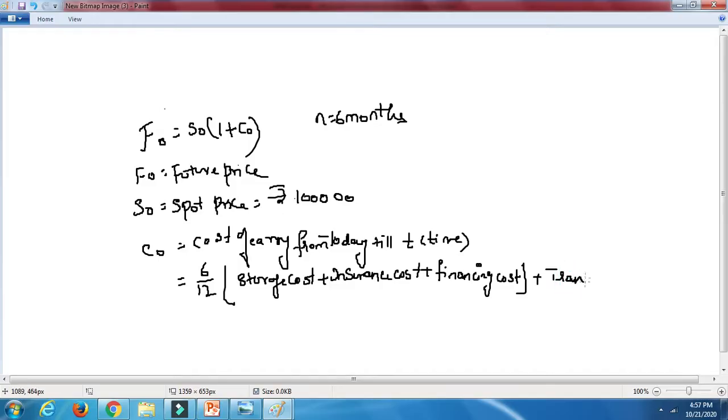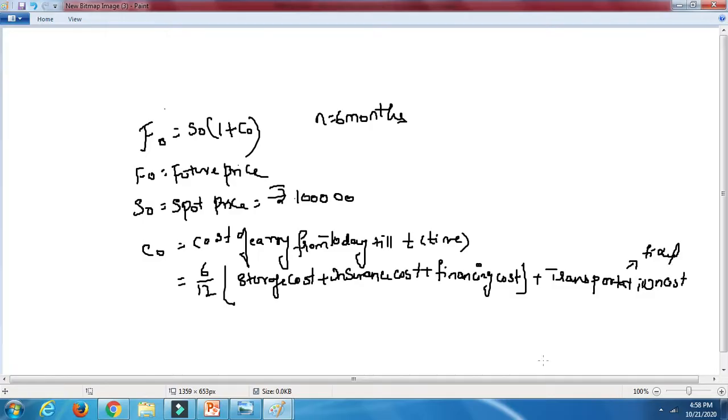Why are we writing transportation separately? Because whether it is a 6 month period or a whole year, you need to pay transportation. It is given as fixed in the question.